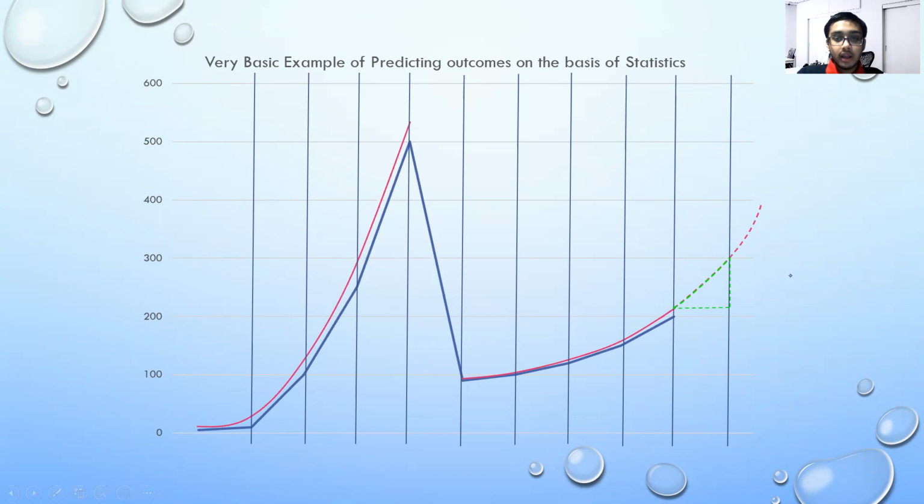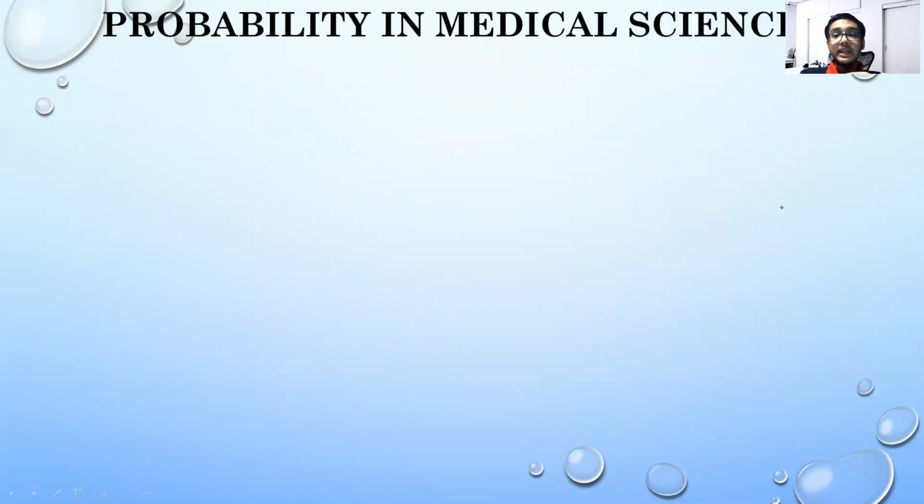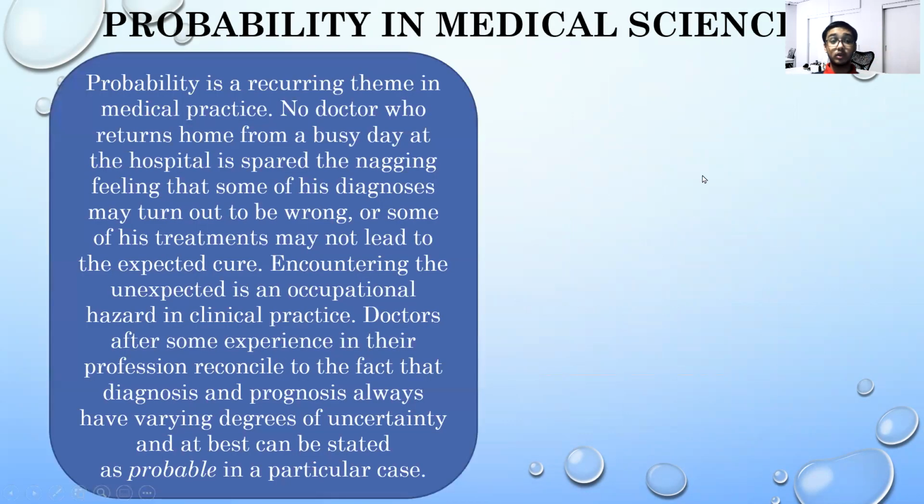Moving on, probability is also used in medical sciences. Probability is a very recurring theme in medical practices. No doctor, literally no doctor who returns home from a busy day at the hospital is spared from the nagging feeling that some of his diagnoses may turn out to be unexpected results.